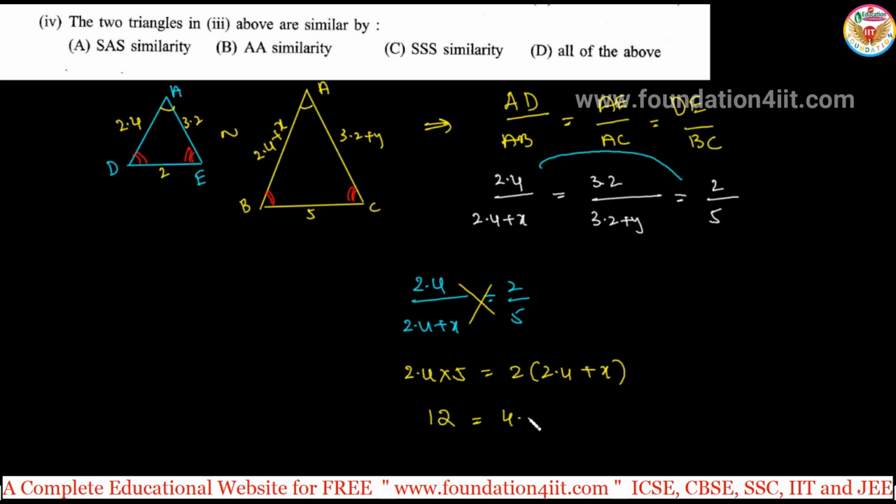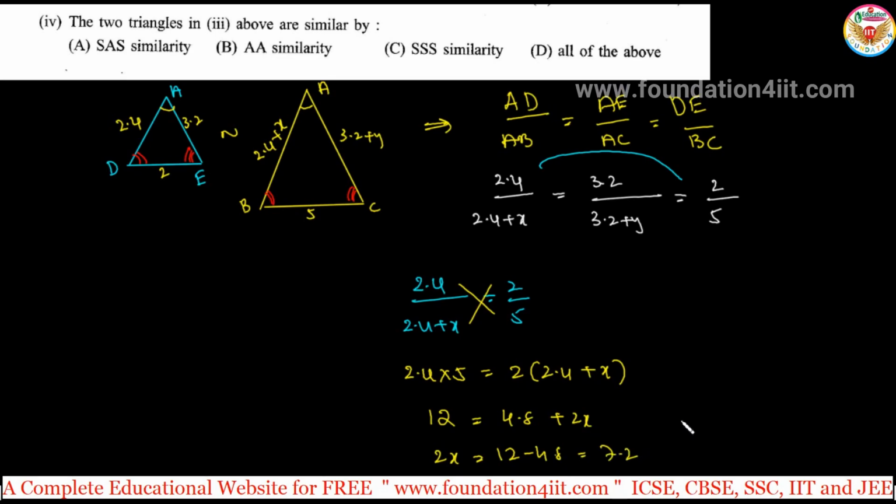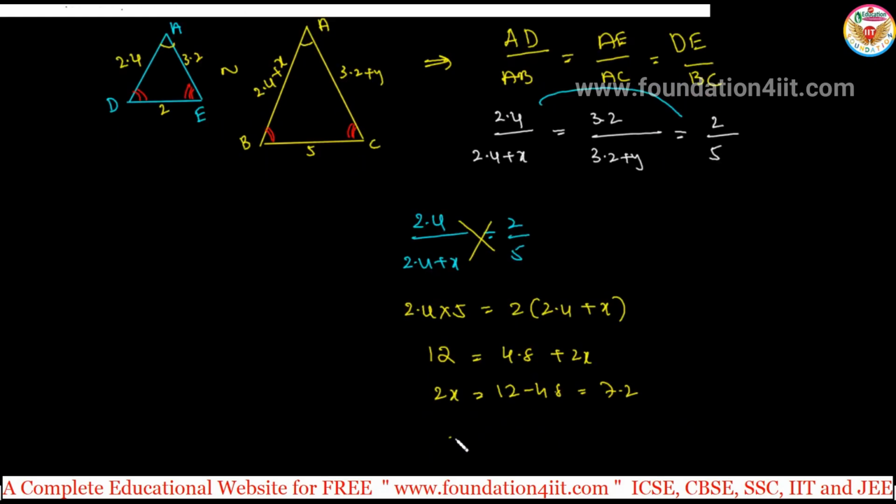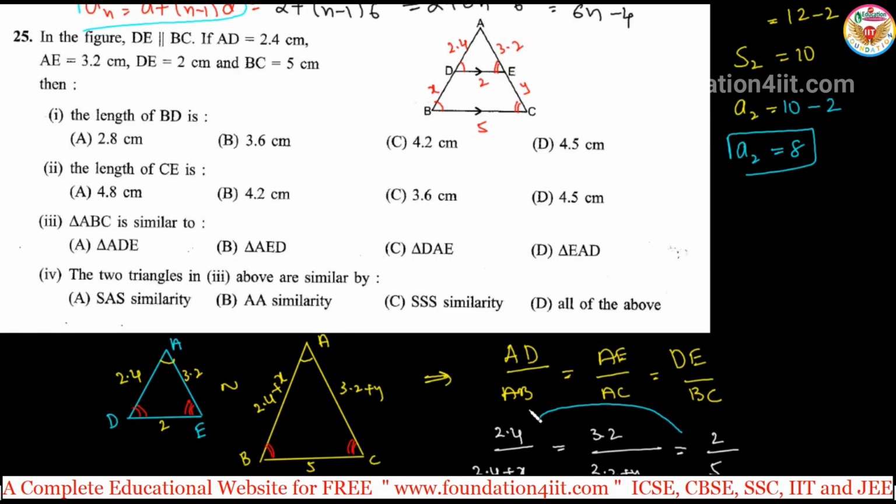And this is 4.8 plus 2x. And from this, 2x is equal to 12 minus 4.8. 12 minus 4.8 is 7.2. 2x is 7.2, then x is equal to 3.6. So what I took as x value here? BD. So BD is 3.6.